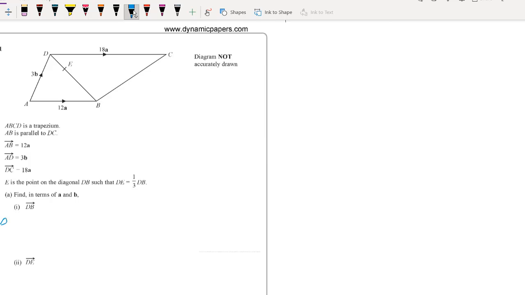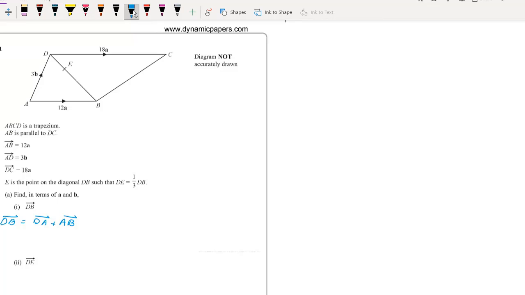So DB vector is equal to DA vector and AB vector. Also, DB vector is equal to DC plus CB vector, but he wants the answers in terms of a and b. So easy, we have DA and we have AB, so it's easy to move in this direction.